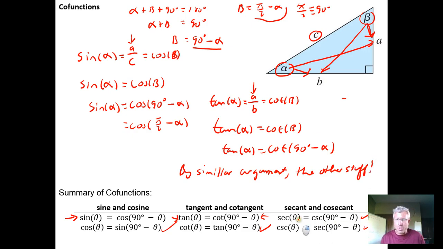So we would establish the veracity of these other relationships using exactly the same process. And then we want to remember that if we're working in radian world, instead of 90 degrees going here, it will be pi over 2 radians, which is equivalent to 90 degrees.